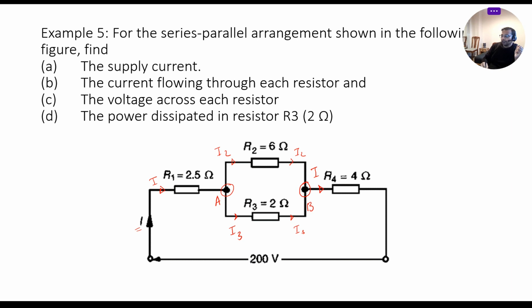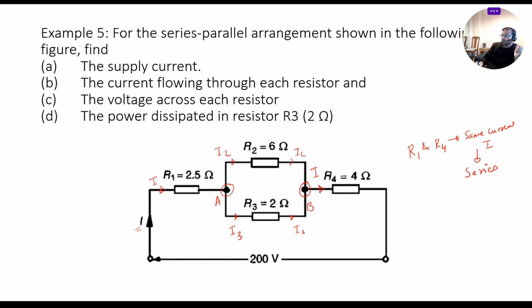So now, what are the resistances through which the same current is flowing? We got R1 and R4, right? The same current I is flowing through them, so they are connected in series.